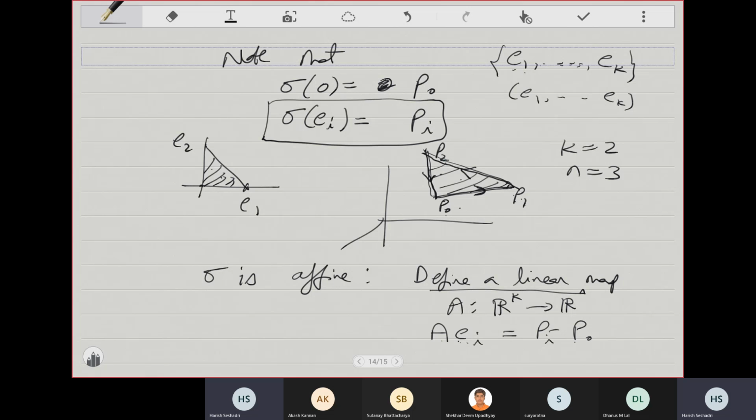In the next class, I'm going to elaborate on this oriented part. That is going to play a crucial role. Surprisingly, it will come down to a question about determinants again, the oriented stuff.